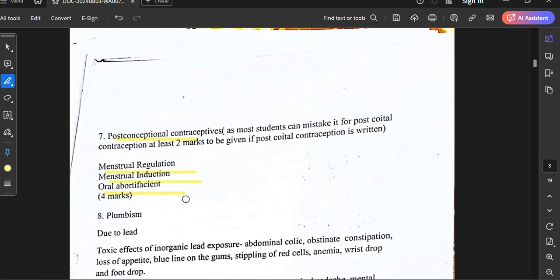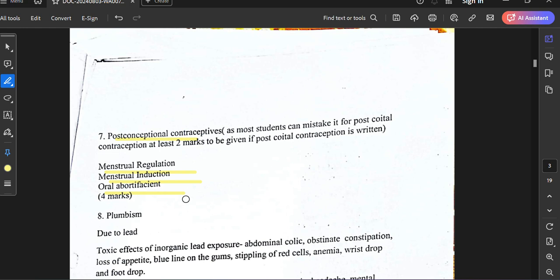I mistakenly said it earlier: post-conceptional contraceptive means conception has occurred, the lady is now pregnant, but they are not planning for a baby, so they want to get rid of this pregnancy.